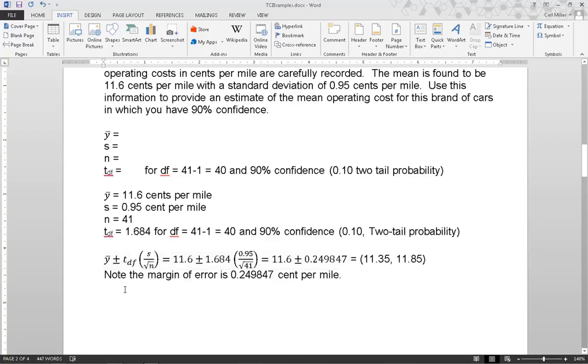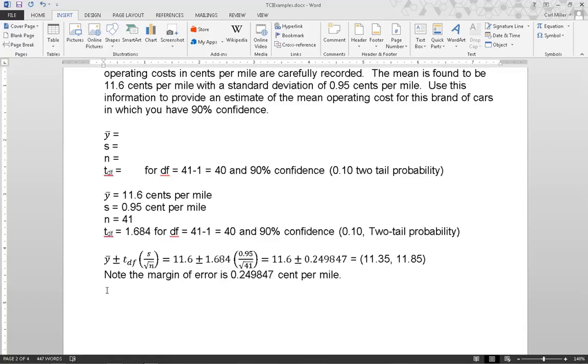So y bar plus or minus the t-critical point times s divided by the square root of n equals, substitute, 11.6 plus or minus 1.684 times 0.95 divided by the square root of 41, which equals 11.6 plus or minus 0.249847, which is your margin of error. So that gives, when rounded, 11.35 to 11.85 for your estimate of the population mean mu.